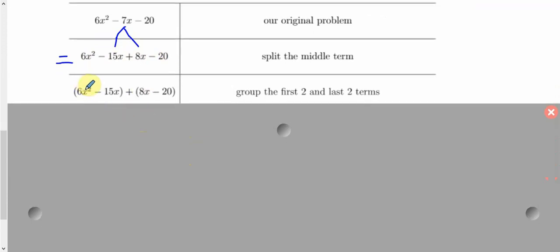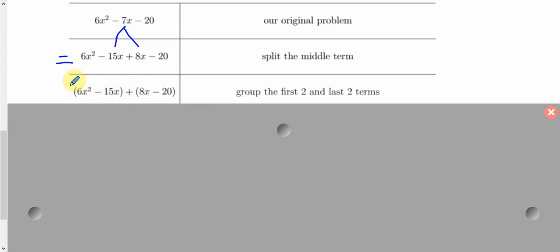Now let's see, are there any common factors from 6x squared and 15x? Well, I know 6 and 15 are both divisible by 3, so I'll pull a 3 out. X squared and x both have an x for me to factor out as well, so I will factor a 3x out of both of these terms. When I do that, 3 times what gives you 6? 3 times 2, so a 2 will be left, and I have x.